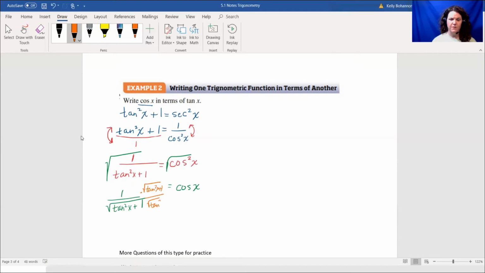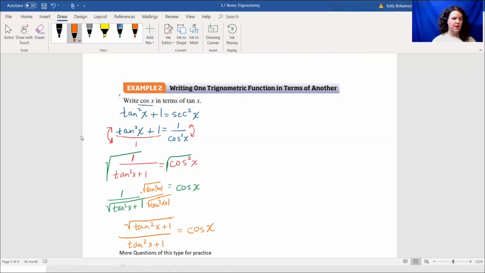On the bottom, that cancels the radical. So I'm left with the square root of tangent squared x plus 1 over tangent squared x plus 1, with no radical, equals cosine of x.